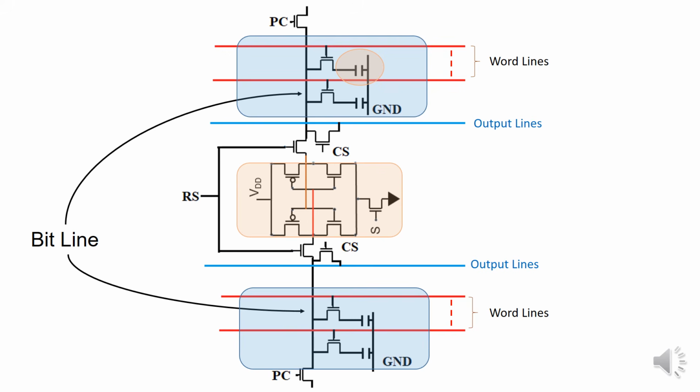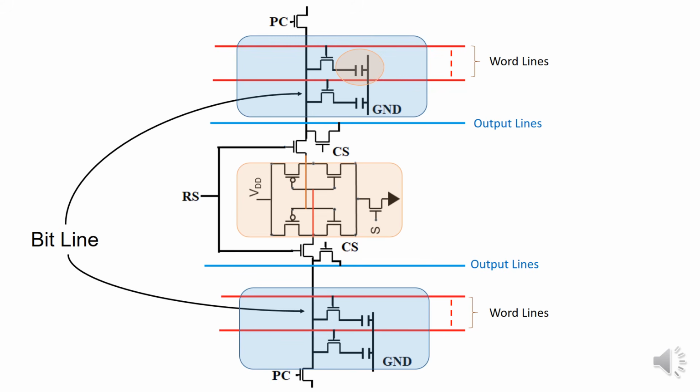Now we are going to make Rs equal to 1. When we make Rs equal to 1, both the bit lines will be connected to the sense amplifier. It will take the upper bit line to 5 volt and the lower bit line to 0 volt, which we have already seen in the previous discussion.